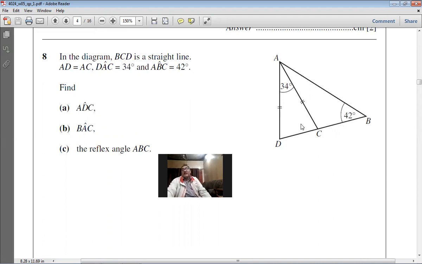So if this is alpha, this will also be alpha. So you will have alpha plus 34 equals to 180. So from there, you can find the value of alpha, which will be equal to the ADC. In the same way, they are asking for the BAC angle, and then they are asking for the reflex angle APC. So let me show you how.